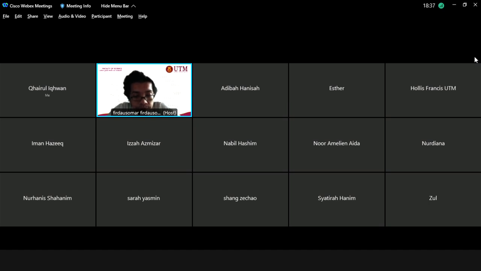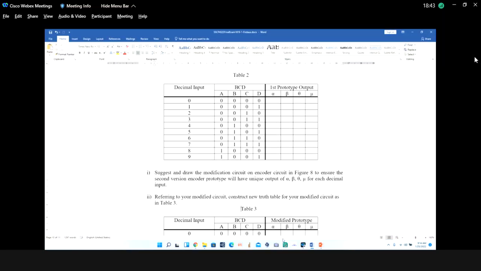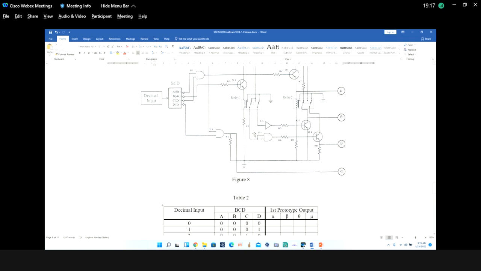So based on that, what you need to do from that particular circuit just now is, when we input 0 to 9, the binary converter will convert this decimal to binary, and then this binary will go to each component.